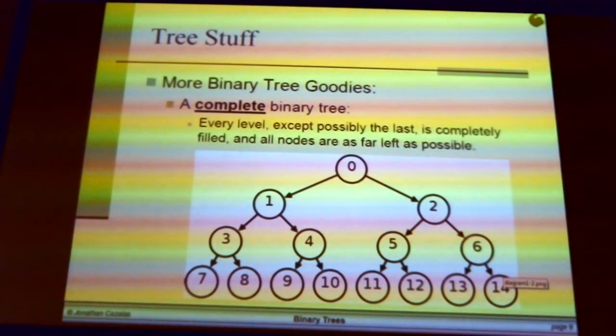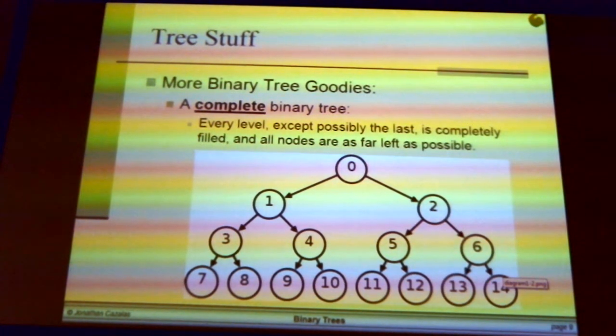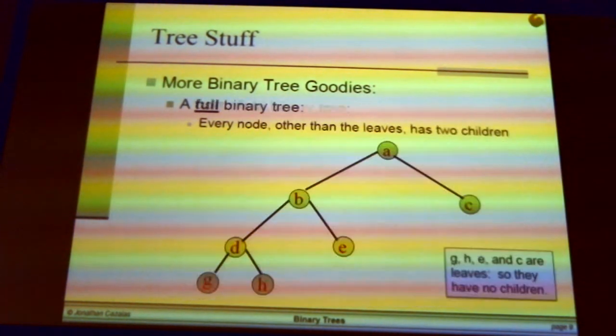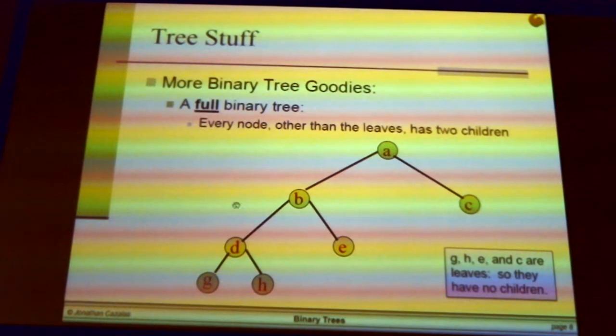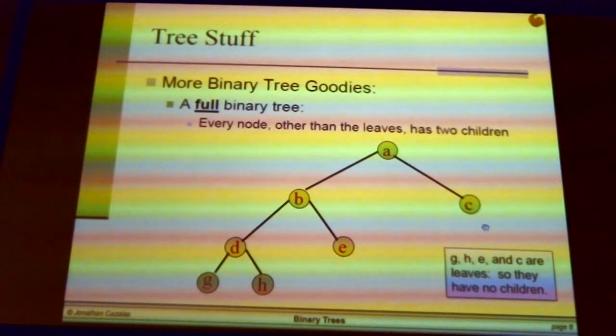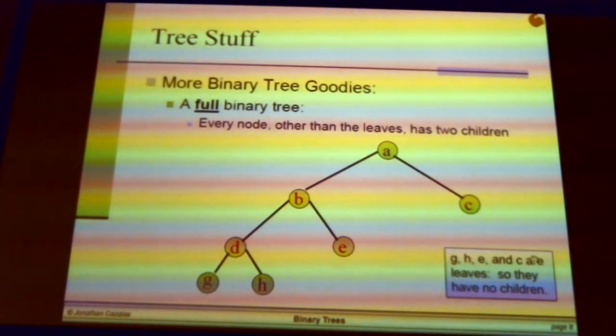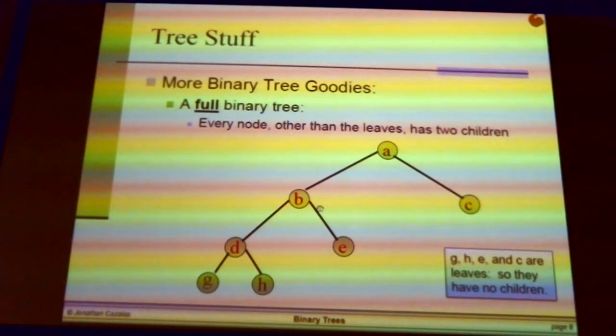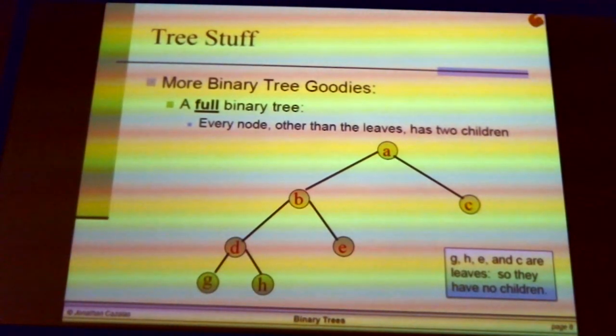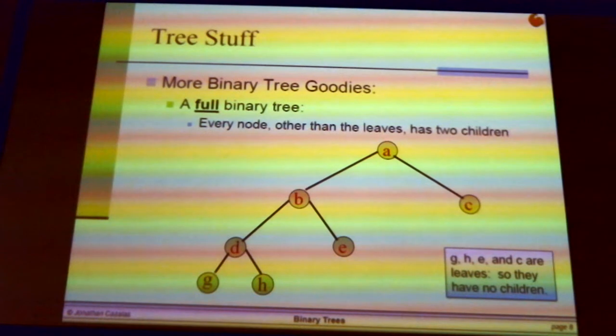So all nodes are as far left as possible. So this one here, you see that because this node C doesn't have 2 children, that's what makes it not a complete tree. Does that make sense?